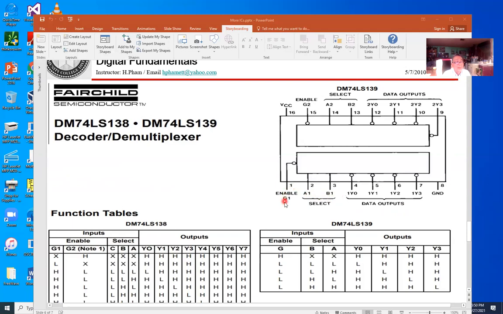They are controlled by input pin 1. That means you get 3 inputs. Same thing on the other side. You get A2, B2, and they are controlled by pin 15. That's another 3 inputs. And the outputs will be 4 for each.